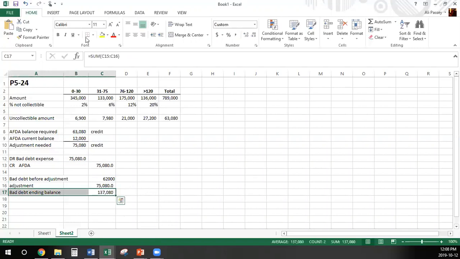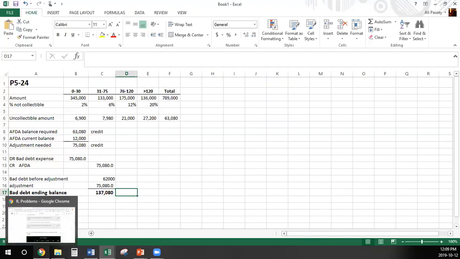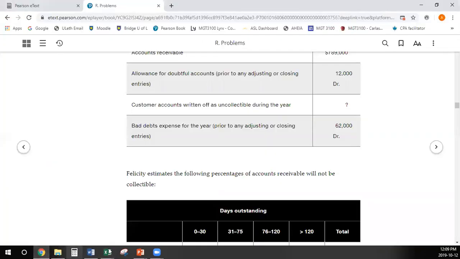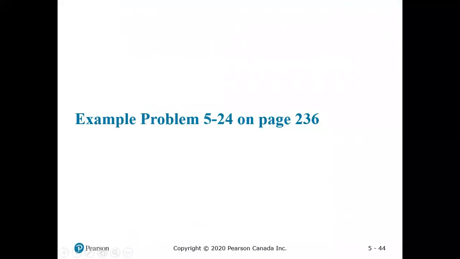So this would be the answer for 5-24. You have to remember to take into account any balances that are still in there before you do your adjustment needed. So that was 5-24.